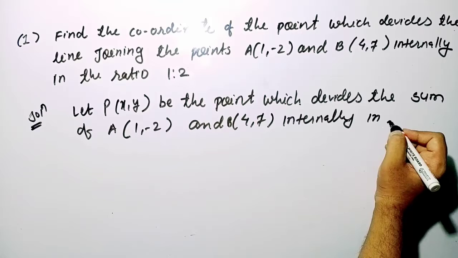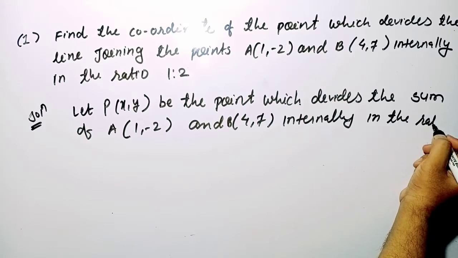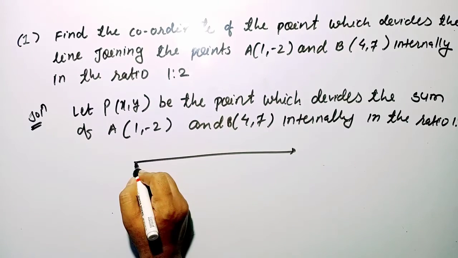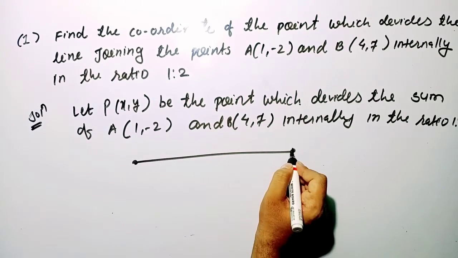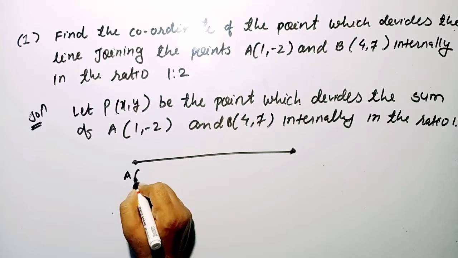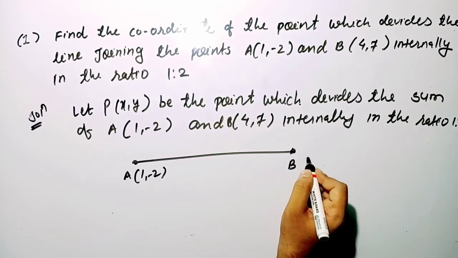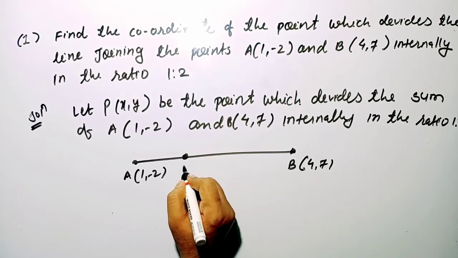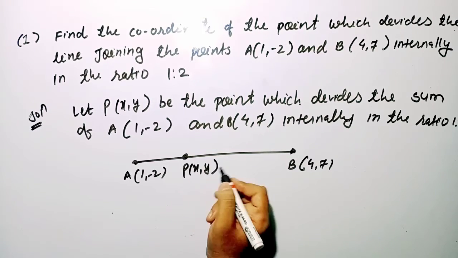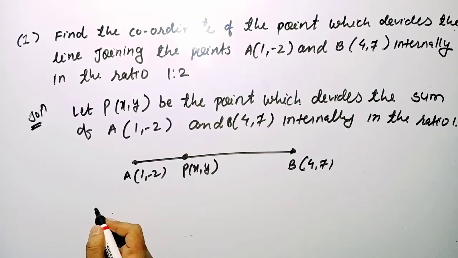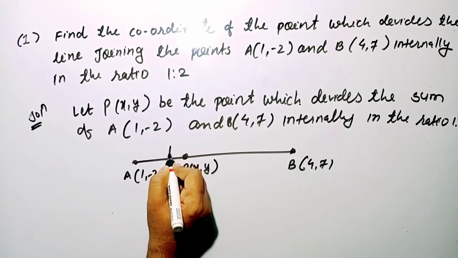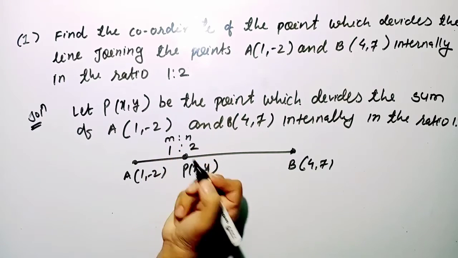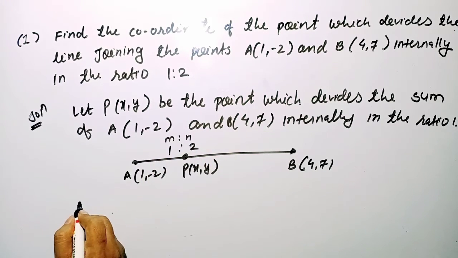Point P divides the line segment joining AB internally in the ratio 1:2, in m:n ratio, which means the value of m is equal to 1 and the value of n is equal to 2.